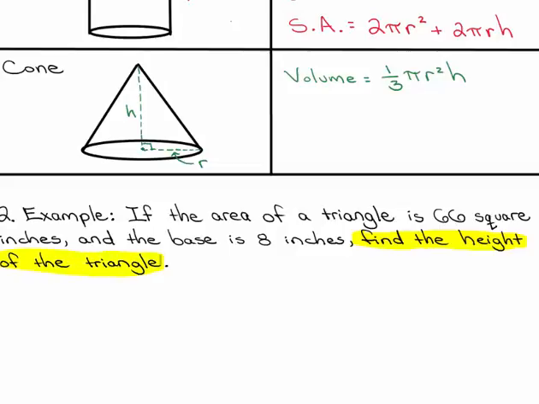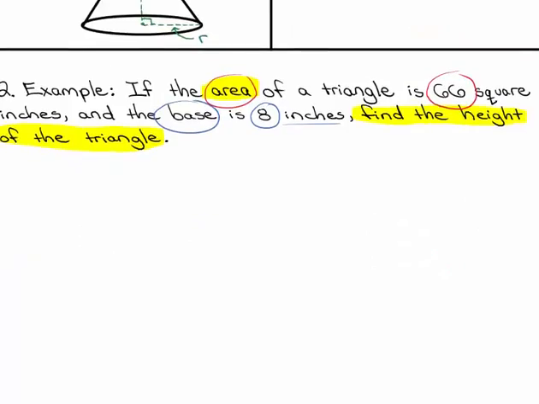And they're giving us all of the information to help us figure that out using the formula for the area, because they're giving us area. So they gave us the area, 66 square units. They gave us the base, 8 inches, and we need to find the height. Okay, so we can totally set this up.